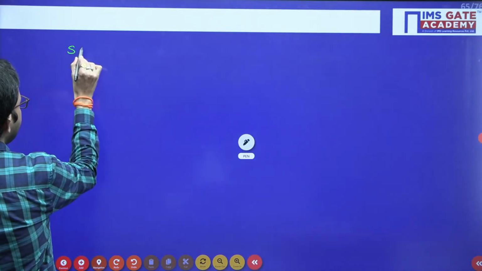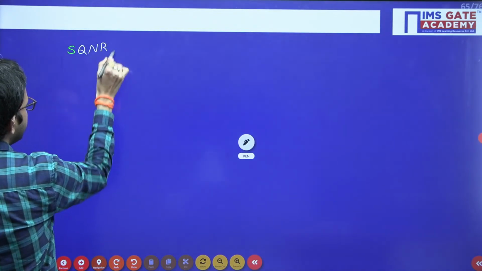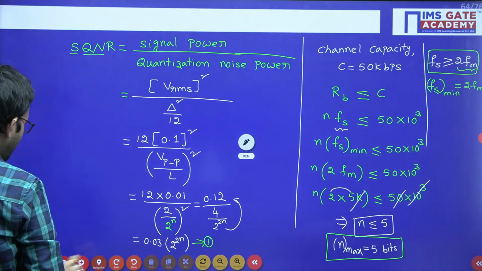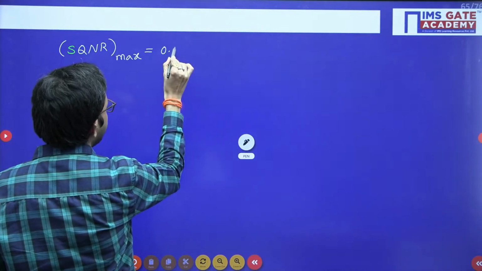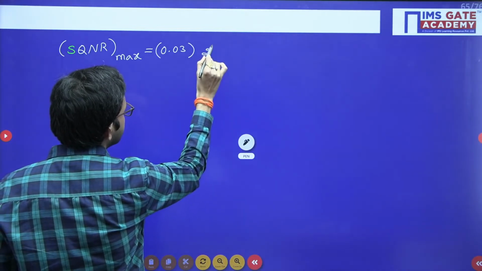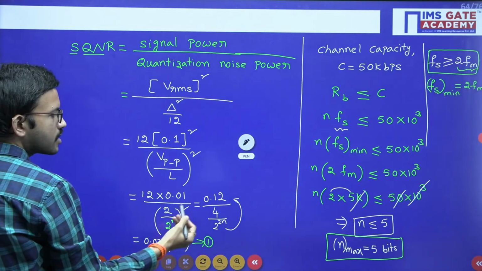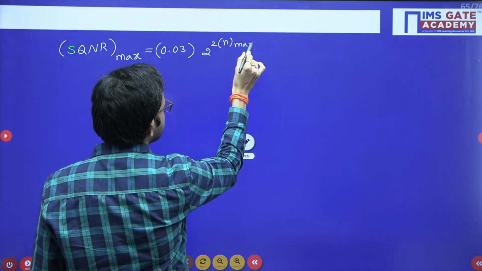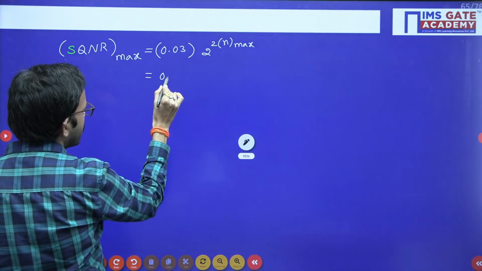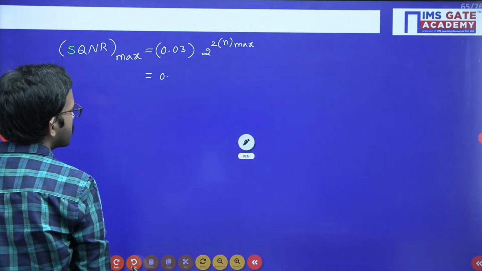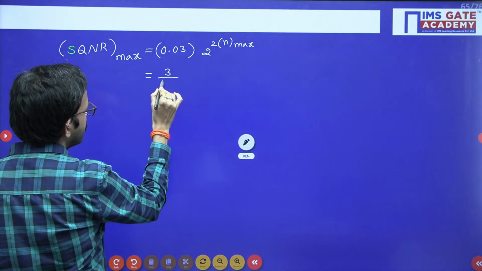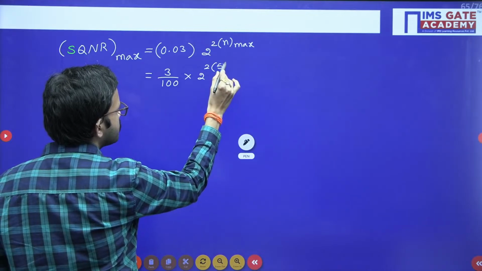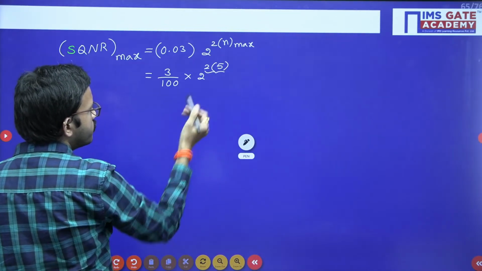So SQNR max, the signal to quantization noise ratio maximum, is equal to 0.03 into 2 power 2n. Now in the place of n I am considering n max. So 0.03 I am keeping as it is, or we can write it as 3 by 100, into 2 power 2 into n max, which is 5. 2 power 2 into 5. 2 into 5 is nothing but 10.